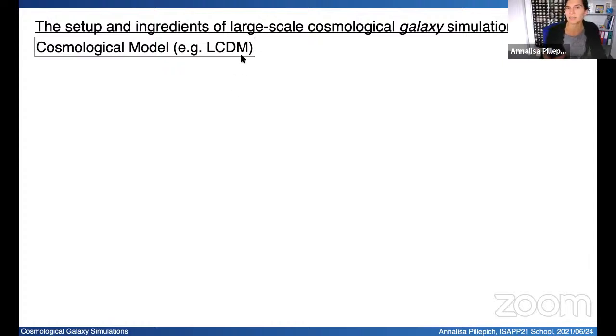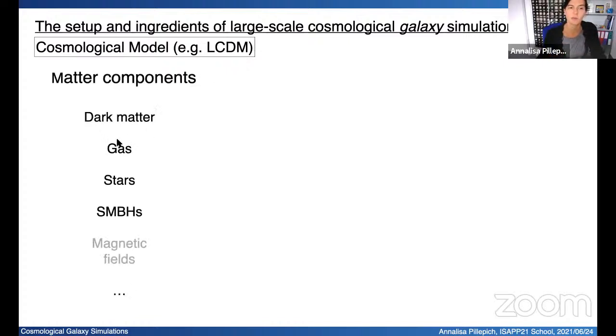Lambda cold dark matter tells us that there is a dominant matter component, dark matter. But if we were only to evolve dark matter, we would only do a gravity-only simulation. In fact, the idea of large-scale cosmological galaxy simulation is to co-evolve dark matter, gas, stars, supermassive black holes, possibly magnetic fields, possibly photons. So these are the matter components.